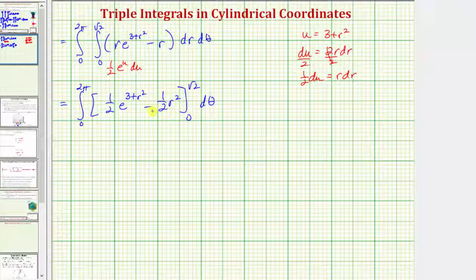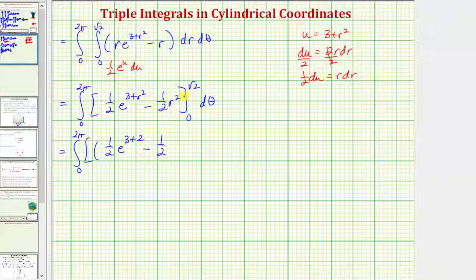And now we need to find big F of b minus big F of a by performing substitution for r. So when r is equal to the square root of 2, we're going to have 1/2 times e raised to the power of 3 plus the square root of 2 squared, which is just 2, minus 1/2 times the square root of 2 squared, which is just 2, minus, when r is 0, we're going to have 1/2 times e raised to the power of 3, and then just minus 0.